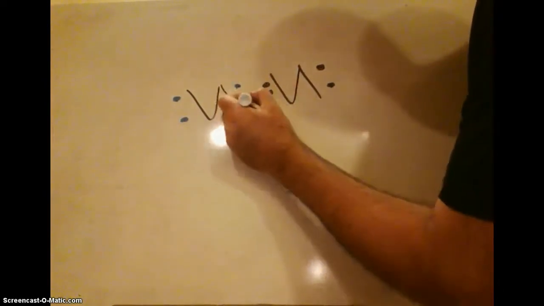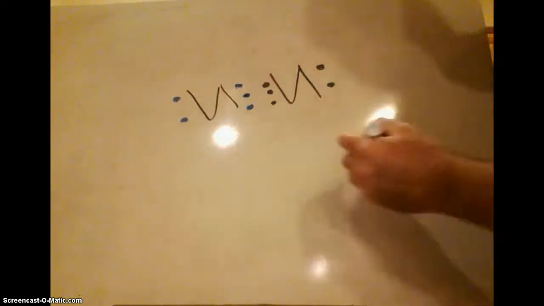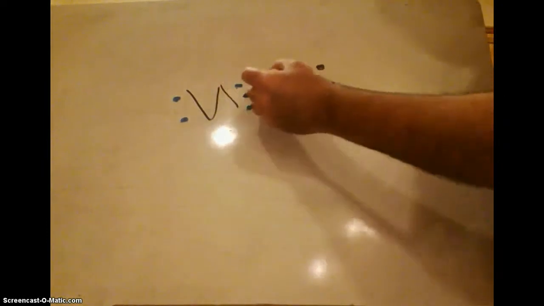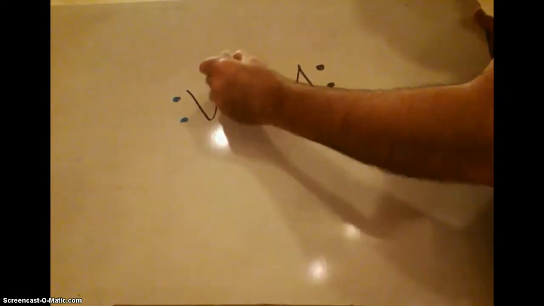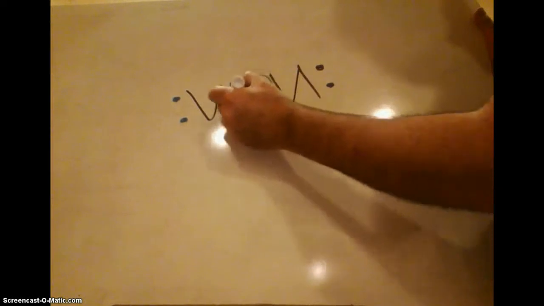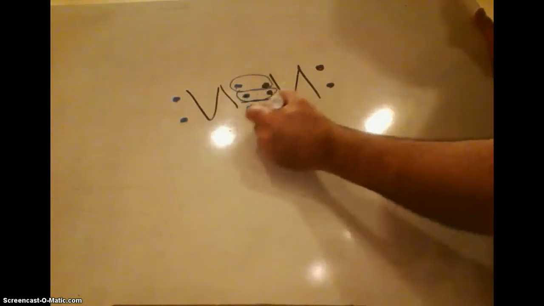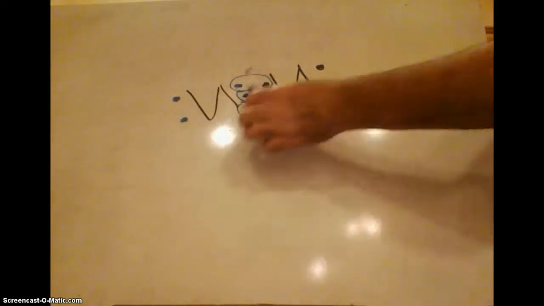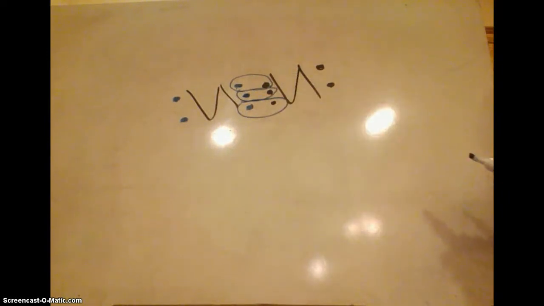And we're going to end up with 3 shared pairs. And so you have 1 shared pair here. I'll go ahead and circle that. These guys right here is 1 shared pair. My second shared pair is right there. And my third shared pair is this guy right here. So I have 3 shared pairs in the middle for what we call a triple covalent bond.